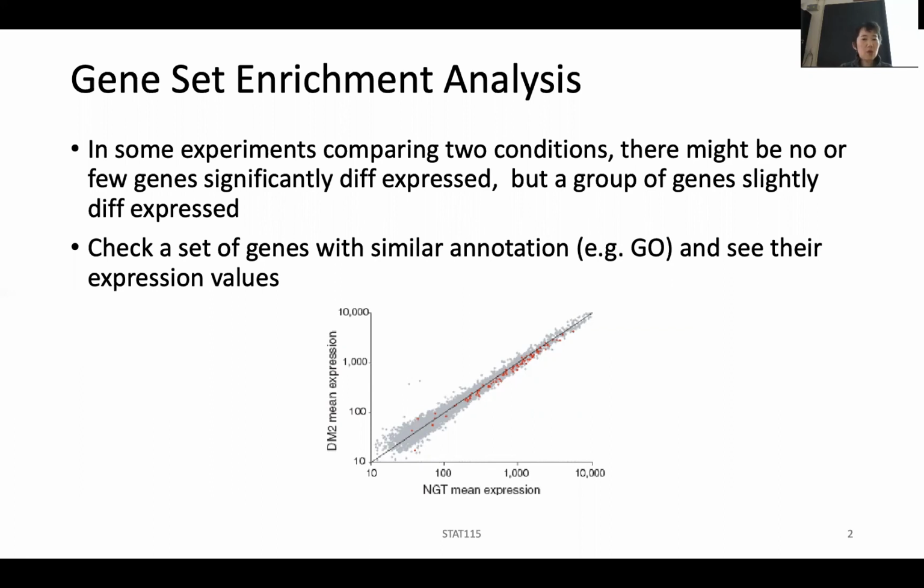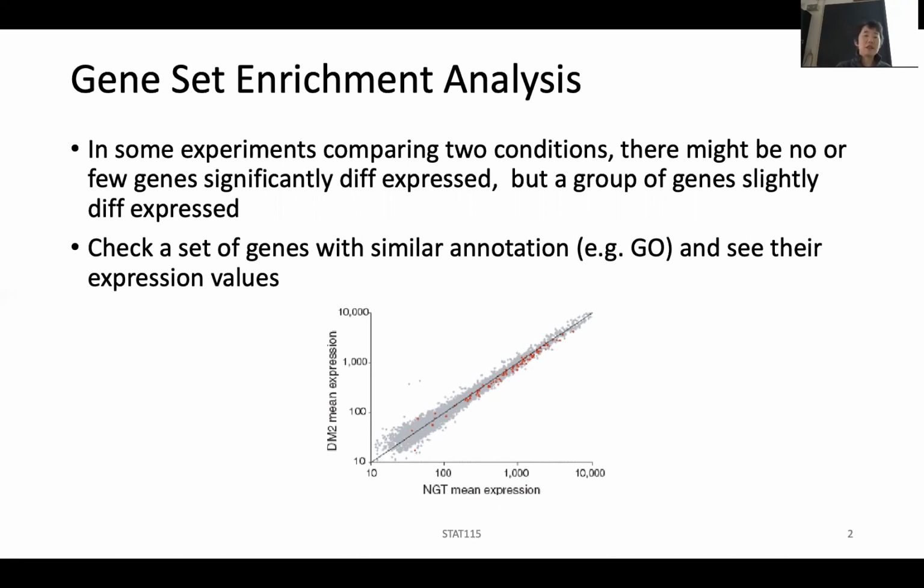However, if you look at genes that are annotated to have the same gene ontology biological function, or they're annotated to be in the same molecular complex, or they have the same pathway, you might see in this case, these genes that are annotated as sharing one particular gene ontology category are colored red.